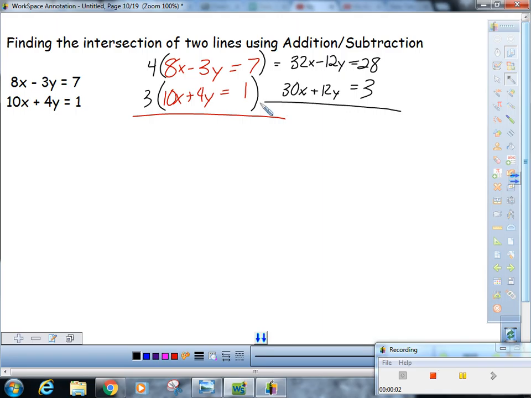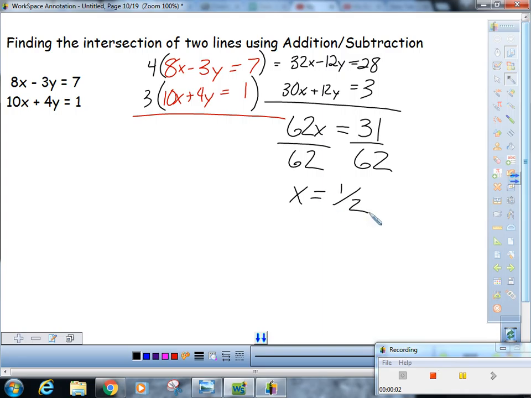So when I add those two equations, I'm going to get 62x plus 0y equals 31. Divide both sides by 62, and you get x is 1/2. Okay?